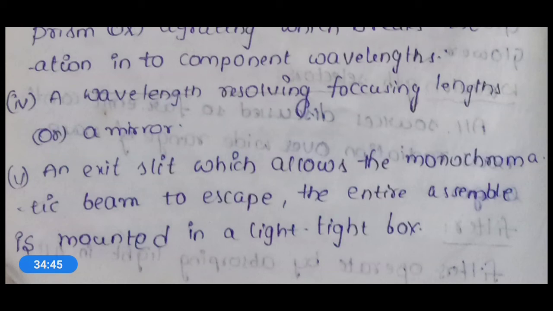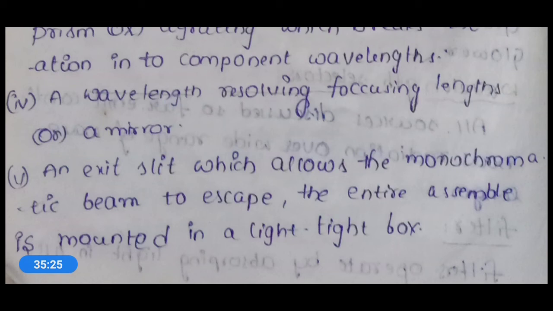So what happens in this exit slit? The rays separated based on wavelength are focused by the focusing lens or mirror, and the monochromatic light will enter the exit slit to escape.